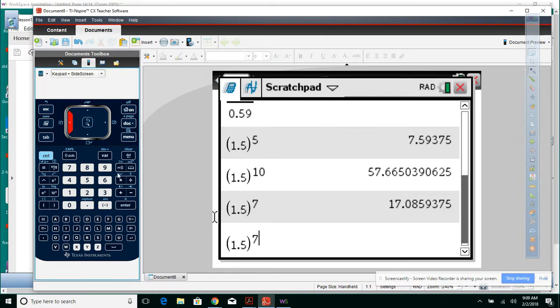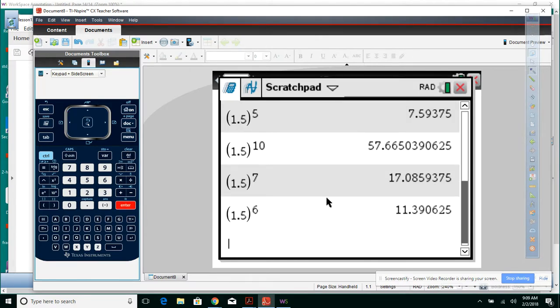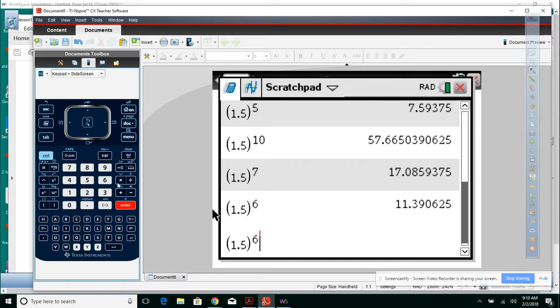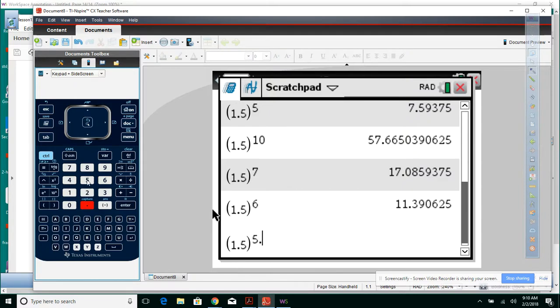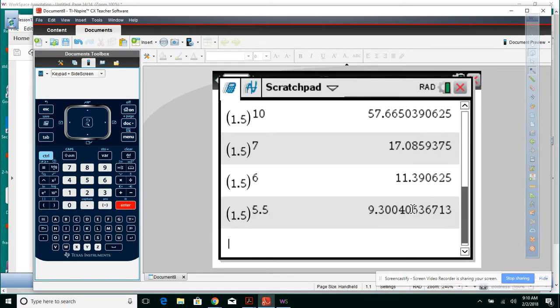And delete 6. Okay. So you know it's between 5 and 6. Let's just split that in half. And so you can do this, 5.5, 9.3.